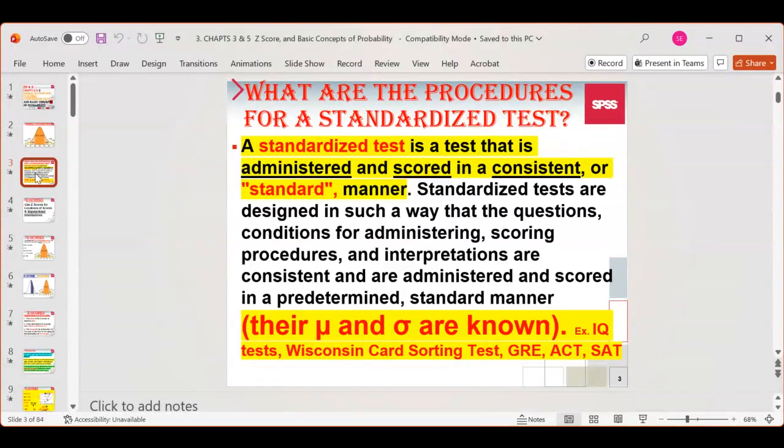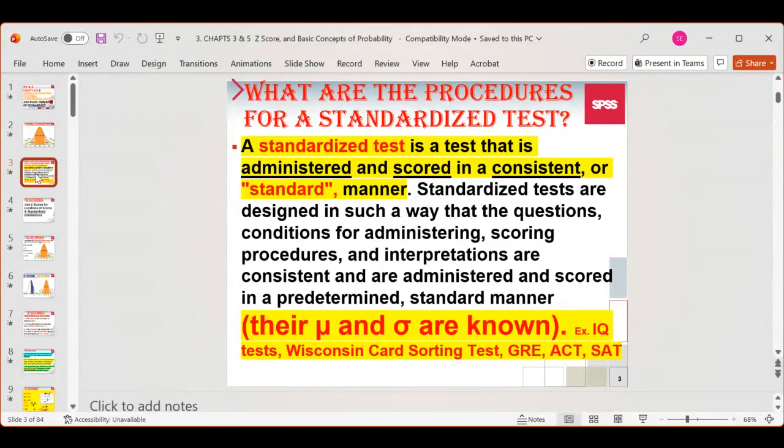The mean and the standard deviation of standardized tests or inventories are known. For example, the IQ test, which I just mentioned, Wisconsin Card Sorting, that's another intelligence test, and GRE, ACT, SAT, these are all standardized tests, and they have a fixed mean and standard deviation.